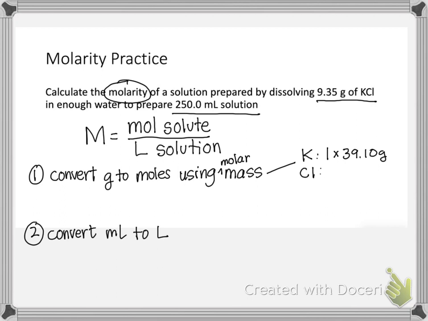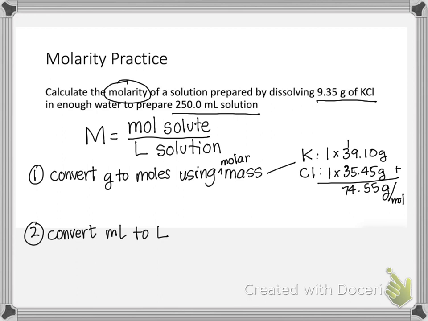And then I have one chlorine, which is 35.45 grams. So since there's only one of each, I just add them. So that's 5, 9, 14, 74.55 grams per mole.